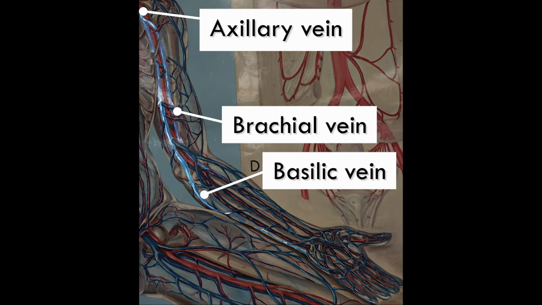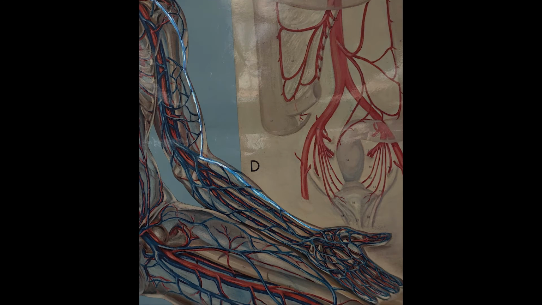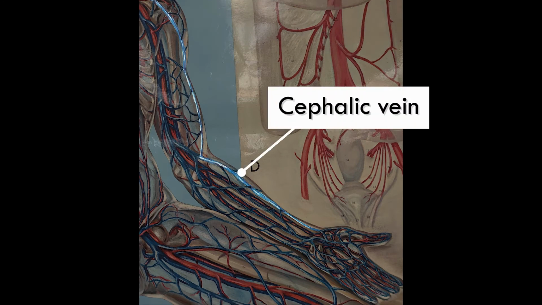So the basilic starts down at the hand, comes up medial, joins with the brachial veins, and the brachial veins ultimately join together to form the axillary vein. Superficially and laterally, you have the cephalic vein, and it moves superior and superficial until it finally goes deep as it gets into the axillary region, and it will empty into the axillary vein.